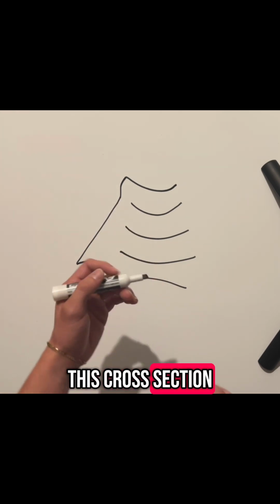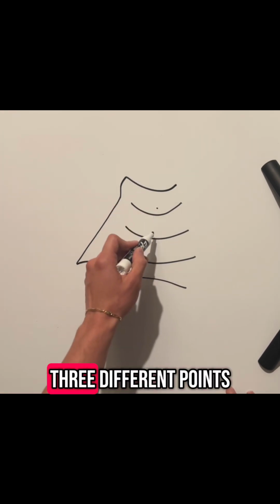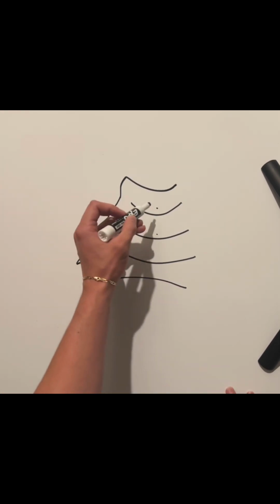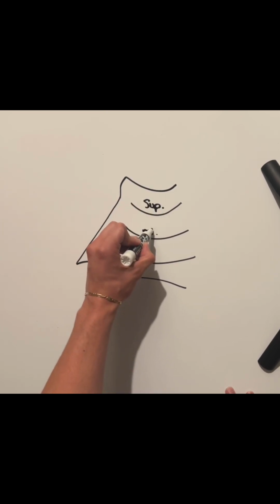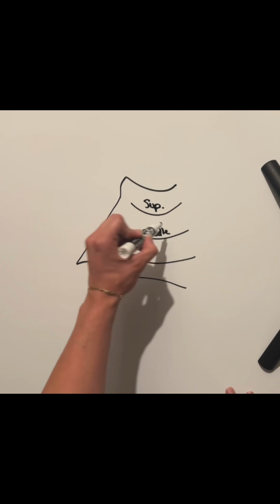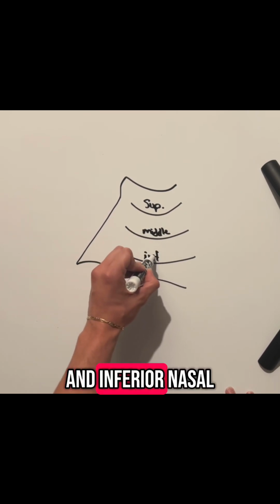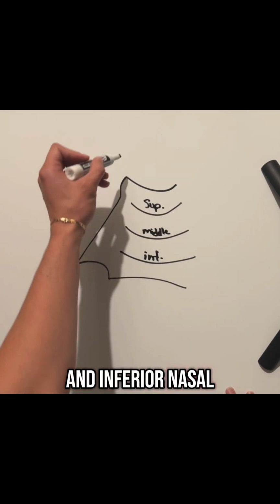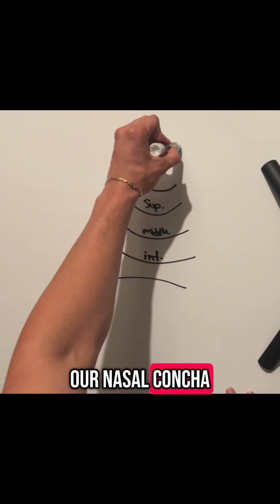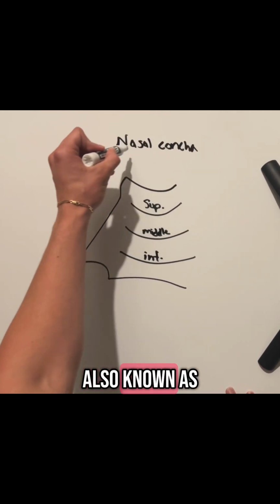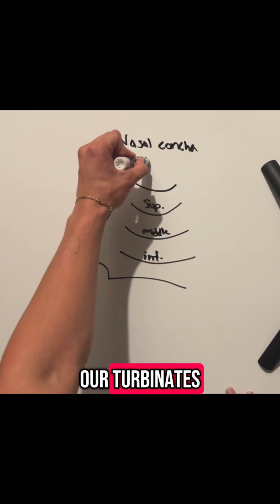Looking at this cross section, we can see three different points. Here we have the superior, middle, and inferior nasal concha. These are our nasal concha, also known as our turbinates.